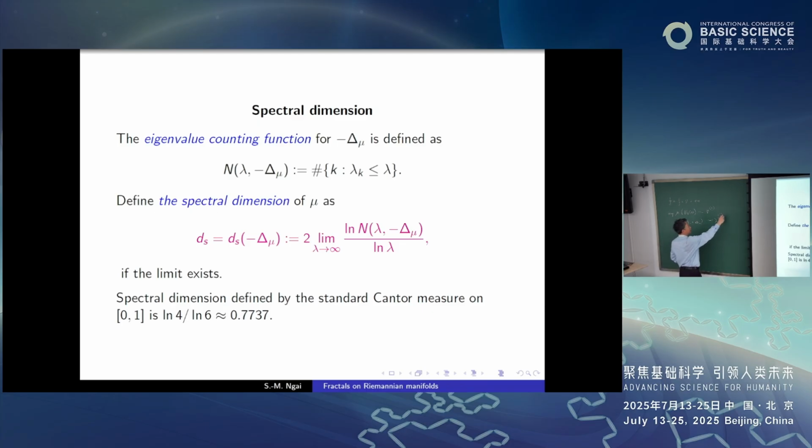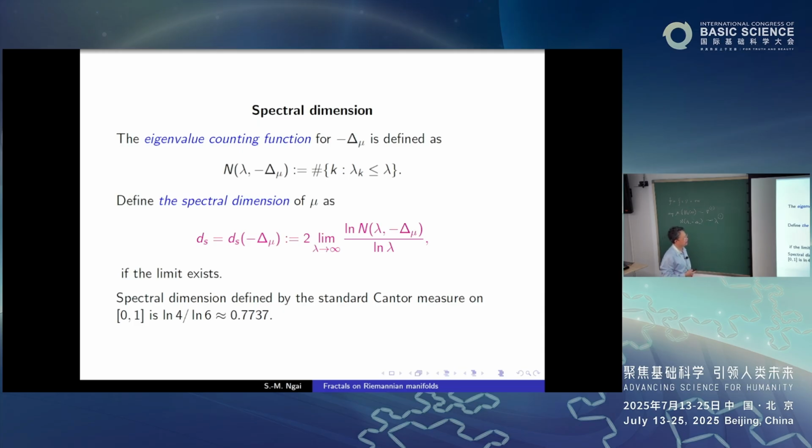So for this fractal Laplacian, we want to see what the exponent is. So this d_s is what is called the spectral dimension. For the standard Cantor measure on [0,1], it's just an example.